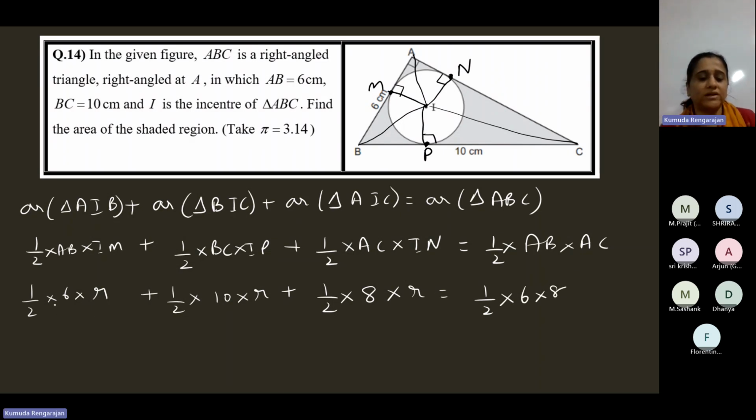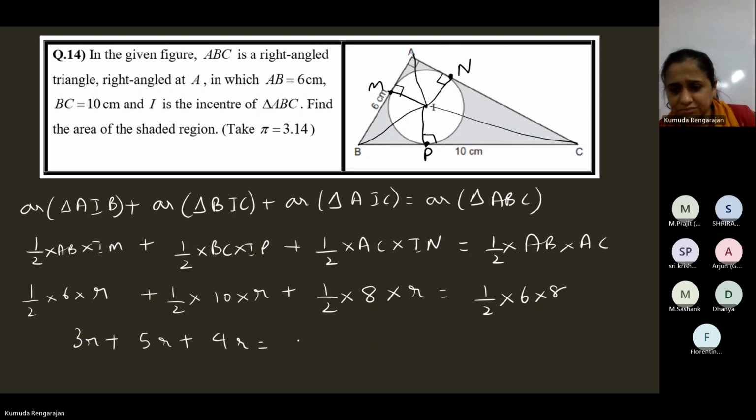Now what do you get? When you cancel, 3R plus 5R plus 4R is equal to 24. 12R is equal to 24. R is equal to 24 by 12. R is equal to 2.